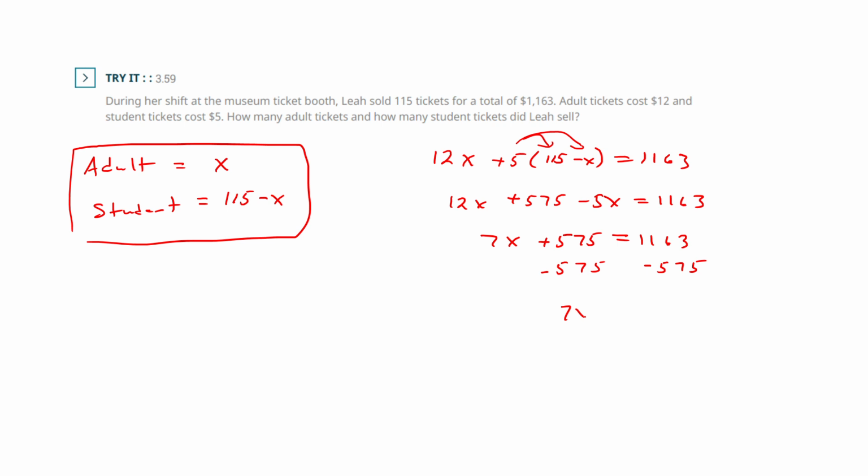I get 7x is 588. We're dividing both sides now by 7. So x is 84. Okay, so there were 84 adult tickets sold. And the way we're going to find our student is 115 minus that 84. And that's 31. So 84 adults, 31 students.